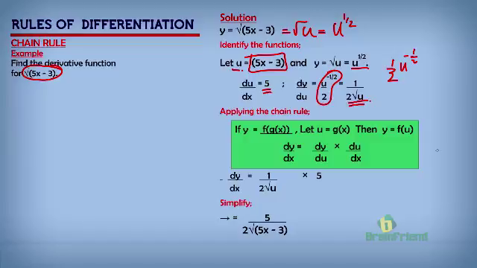Now, if we apply our chain rule, let's remember our formula. The derivative of y with respect to x, which is dy dx, would be dy du, which we have as 1 over 2 root u, times du dx. Our du dx, of course, is 5. So all we need to do is to input our values that we've gotten so far into our formula. I will simply have 1 over 2 root u, which is dy du, multiplied by du dx, which in this case is 5.